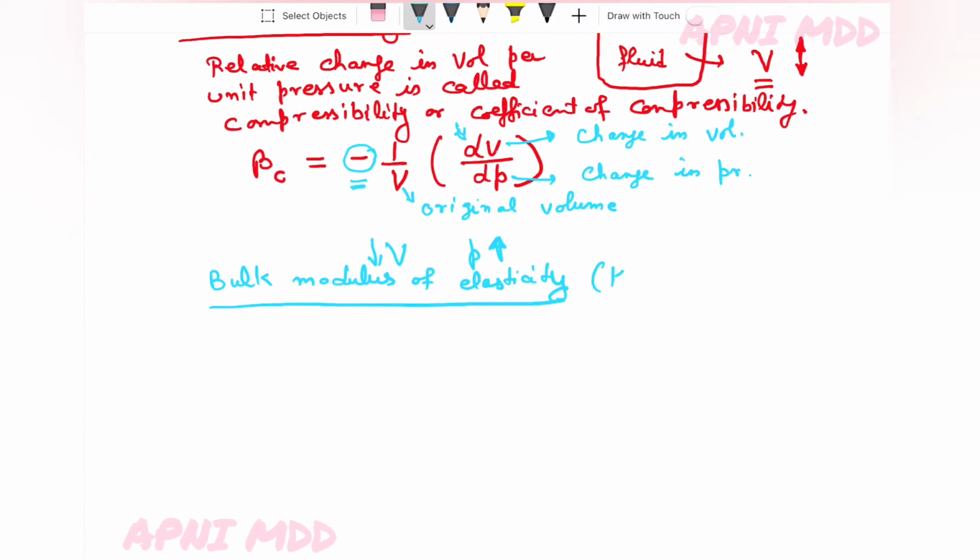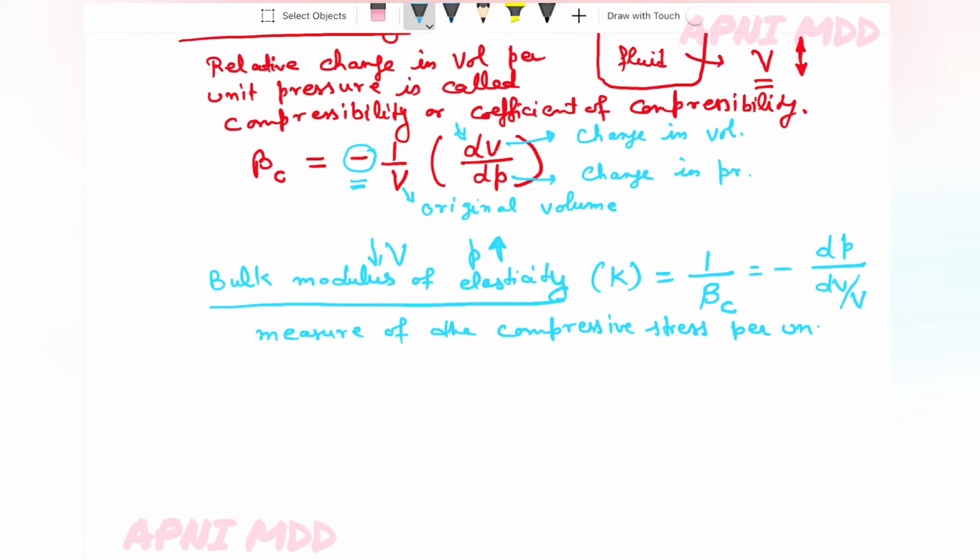Now the symbol is K, and this is equal to 1 divided by beta C, inverse of compressibility or coefficient of compressibility, and also written as minus dP by dV by V. So you can also say this is the measure of compressive stress per unit volumetric strain.